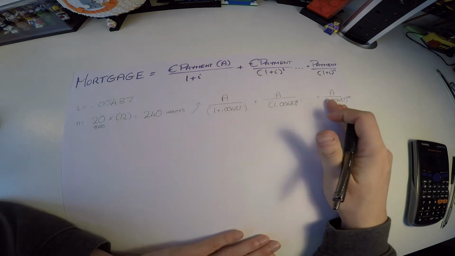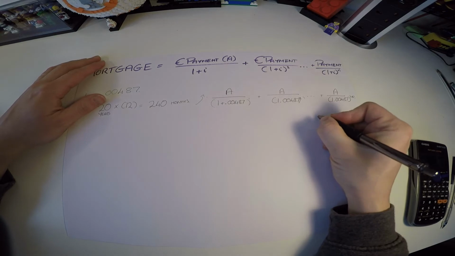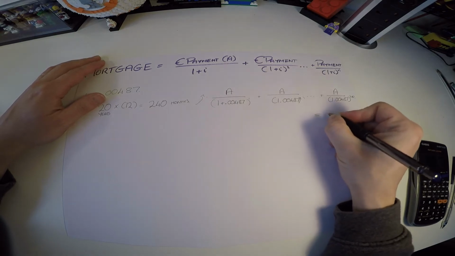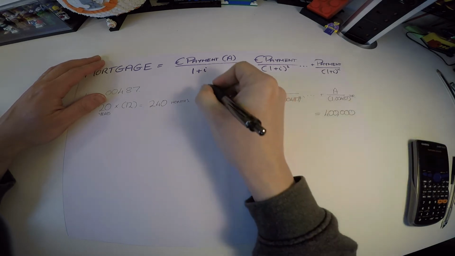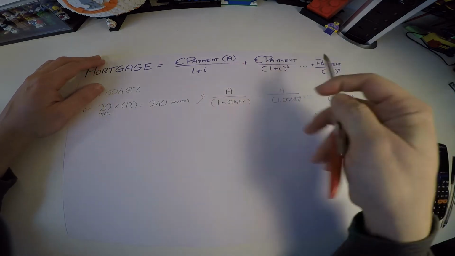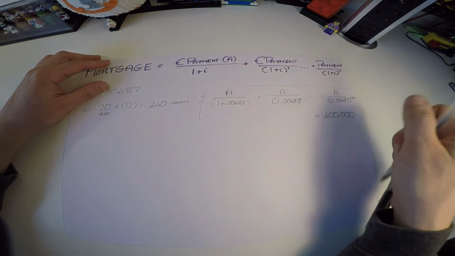So when we look at all this, we can see that all of these things here must add up to the total mortgage amount, which is 400,000 euros. So let's concentrate then on the geometric progression. And what are we trying to solve for? Well, we're trying to solve for that A, aren't we?